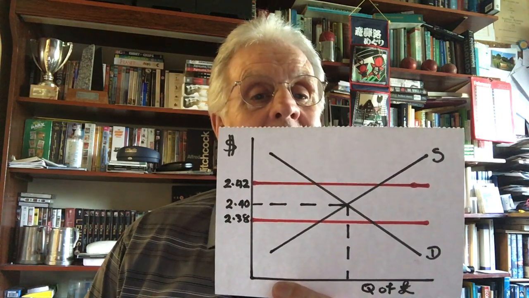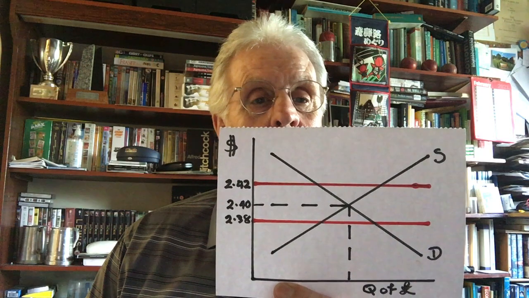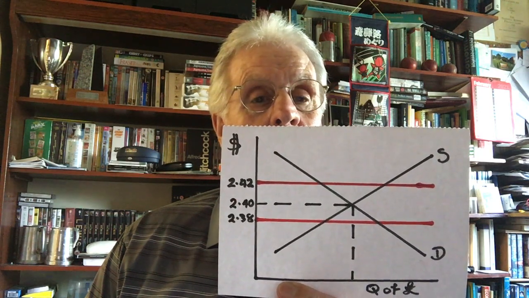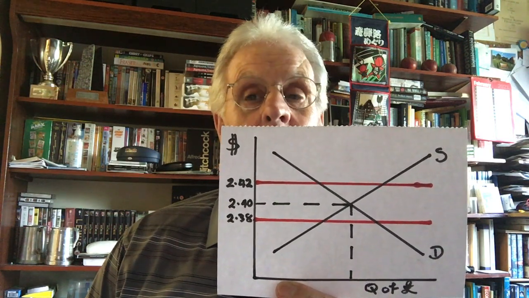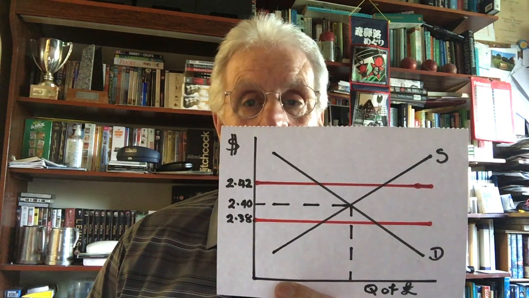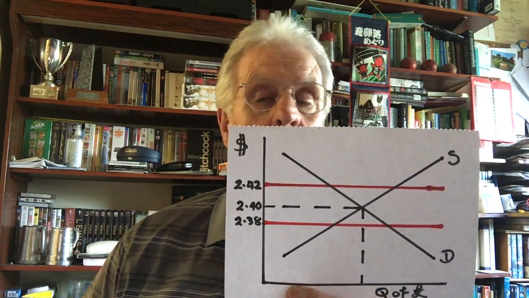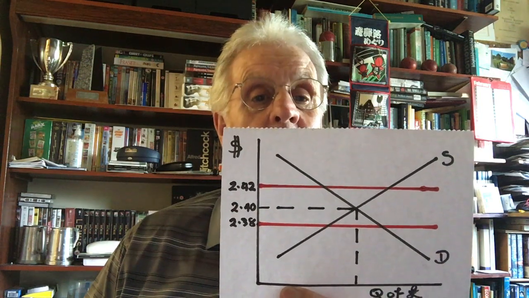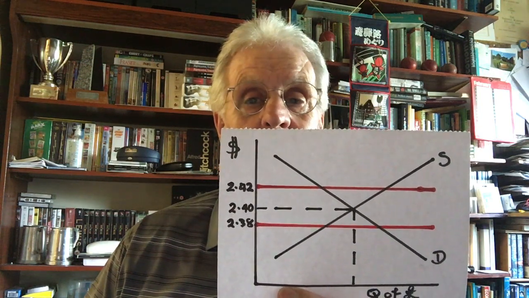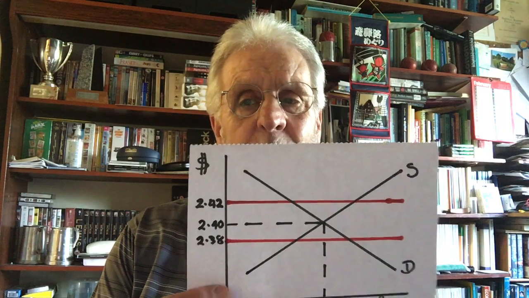It's a central bank guaranteeing a par value and limits outside. It won't let the sterling rise or fall. So there are no real opportunities here. You've got a little bit of scope between 2.38 and 2.42, but there's very little scope to speculate except in one case.